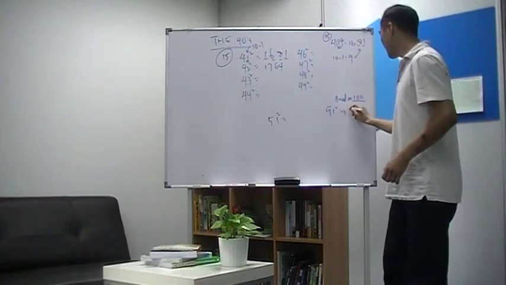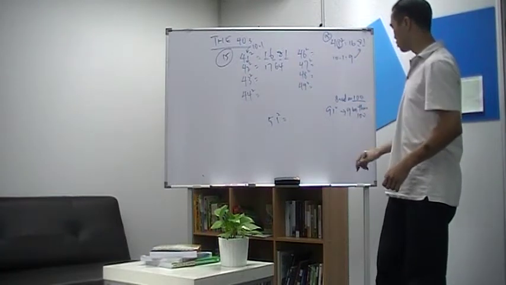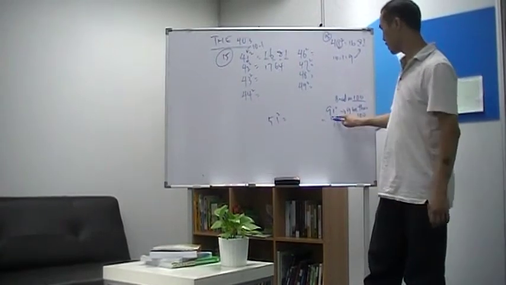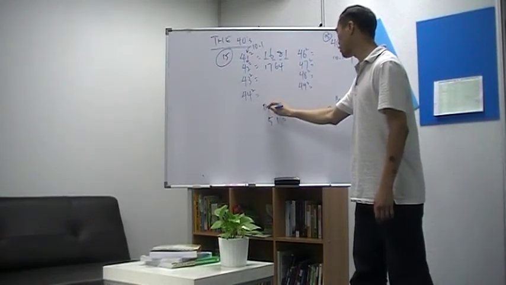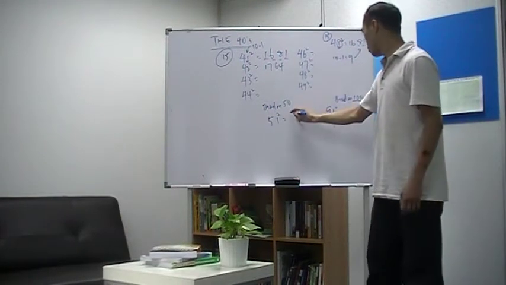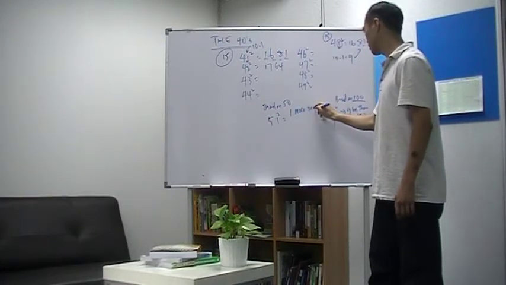This is 9 less than 100, so I have to minus 9. So 9 squared again. 51, now it's based on 50, so 1 more than 50.